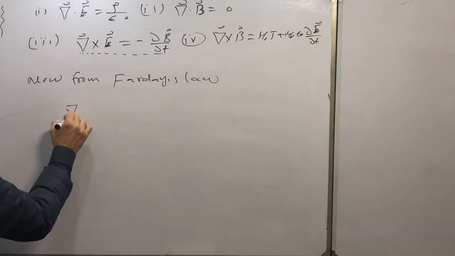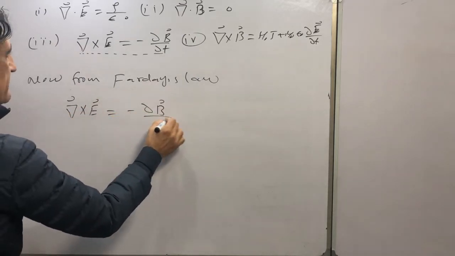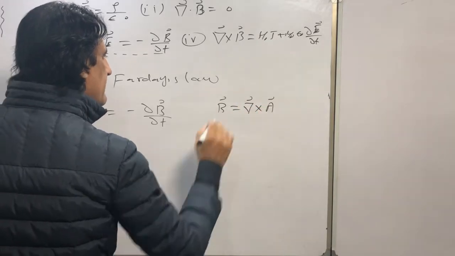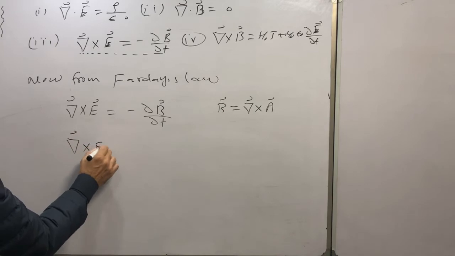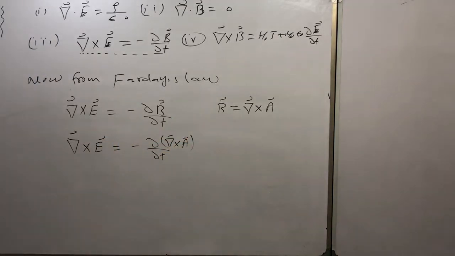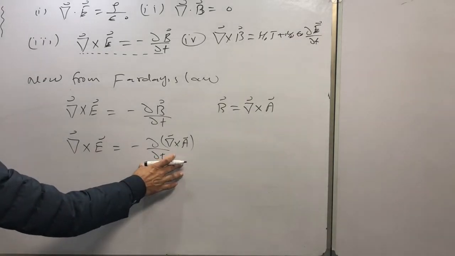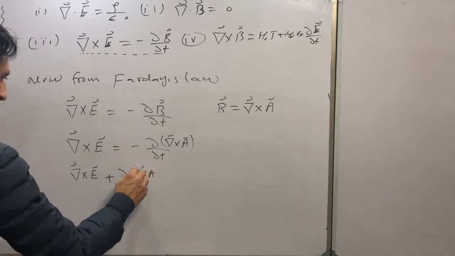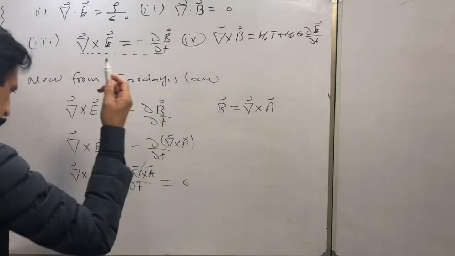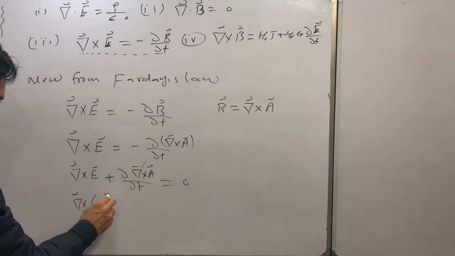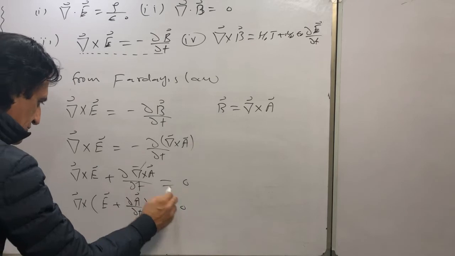So if we consider del cross E, which is equal to minus partial B divided by partial t, and we already know that B is equal to del cross A. Then if we put the value of B in this equation, and write this equation in this form, del cross of E plus partial A divided by partial t is equal to 0.